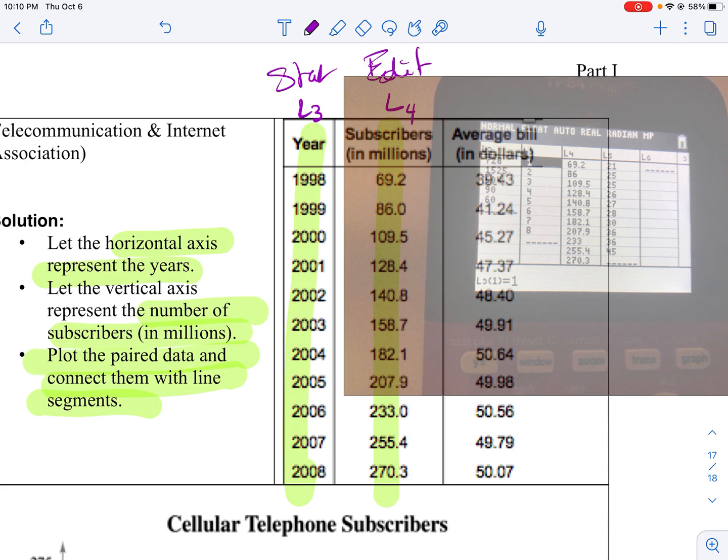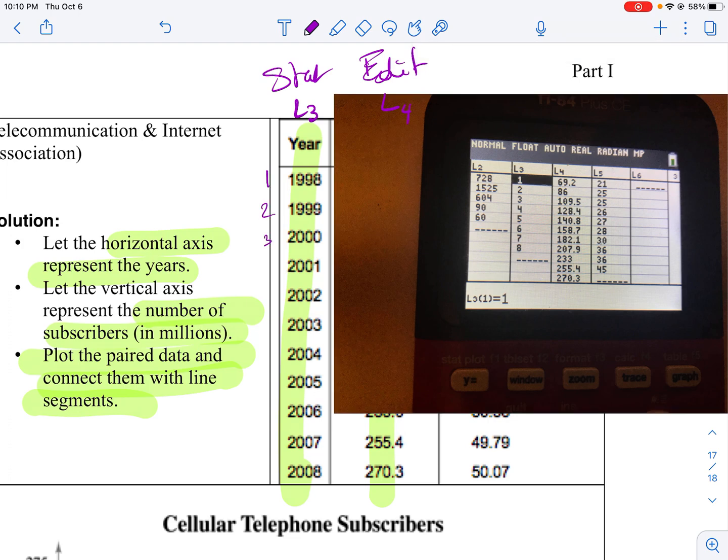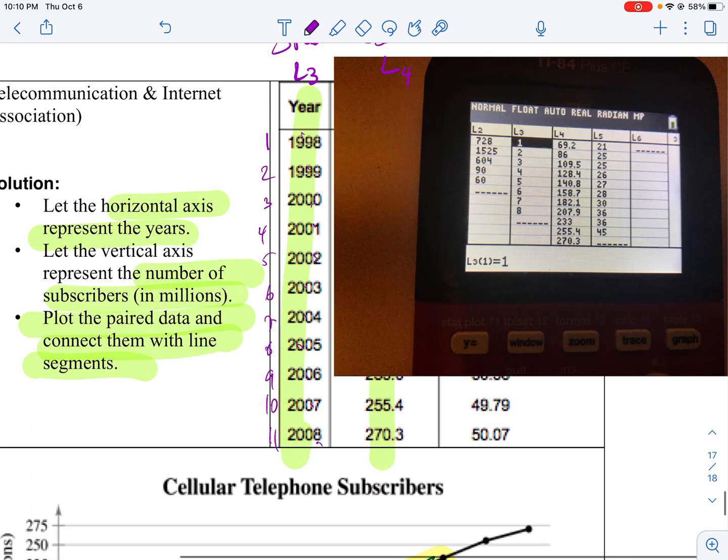I should have 1, 2, 3, 4, 5, 6, 7, 8, 9, 10, 11 entries.